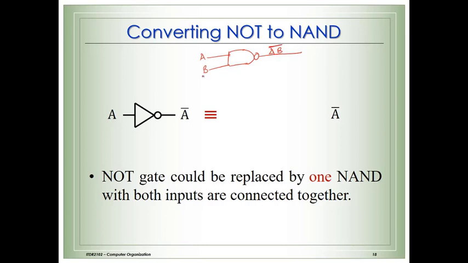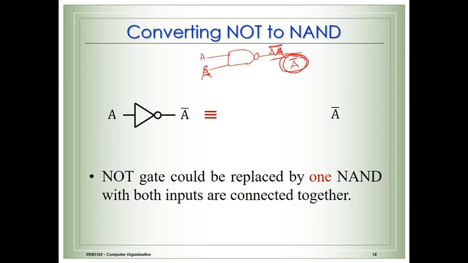But if we have both the values as A, then what will happen? A and A, whole bar. And we know that A and A can be written simply as A, and it's NOT. So what is this value? This is NOT A, right?